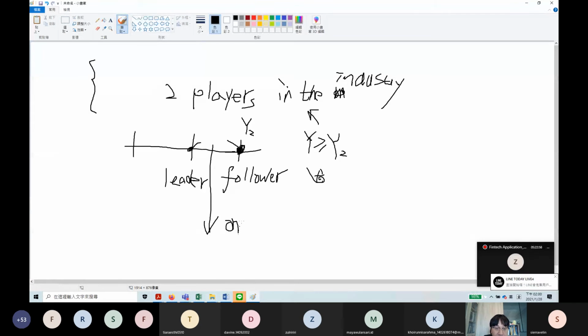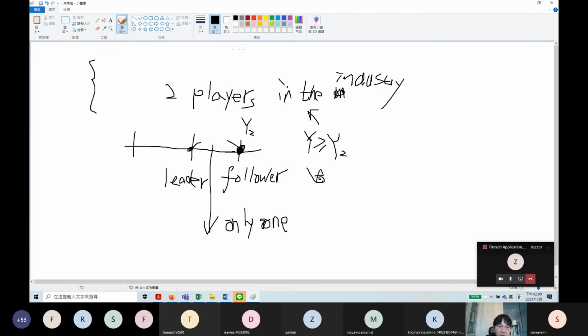Why? Because when you ask a follower to execute its action to enter the industry, they have to check that the profit flow can cover its cost, right?